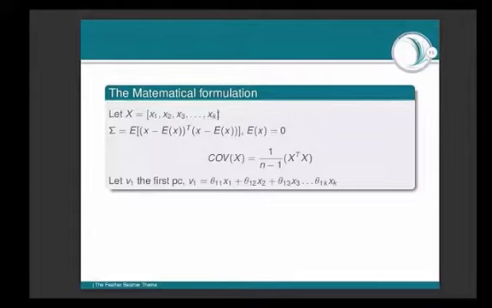The covariance matrix is given by sigma equal to the expected value of the product of (X minus expected value of X) transpose and (X minus expected value of X).